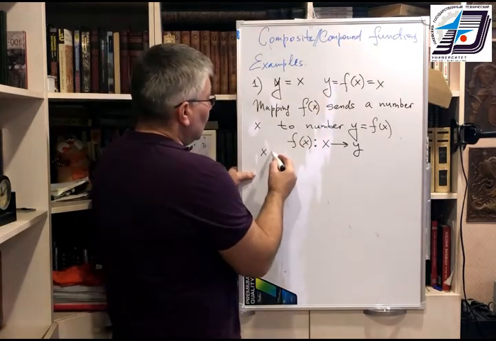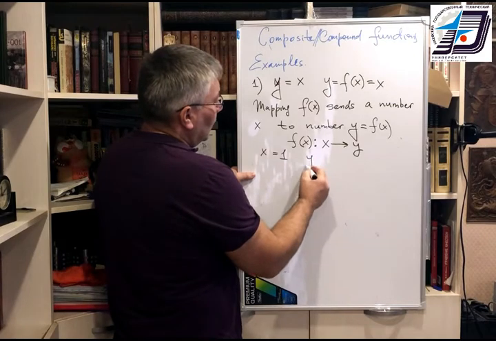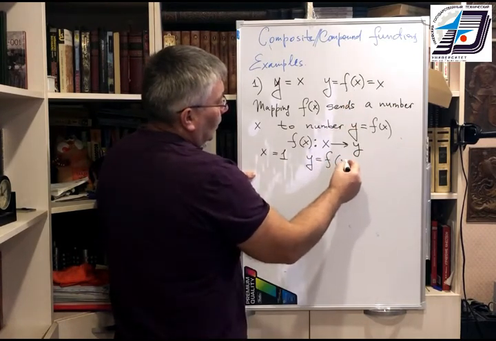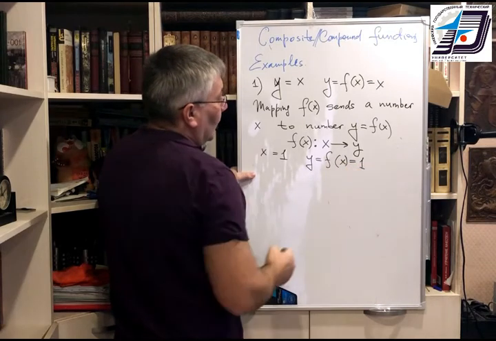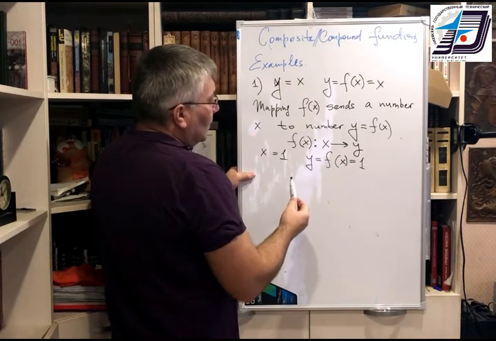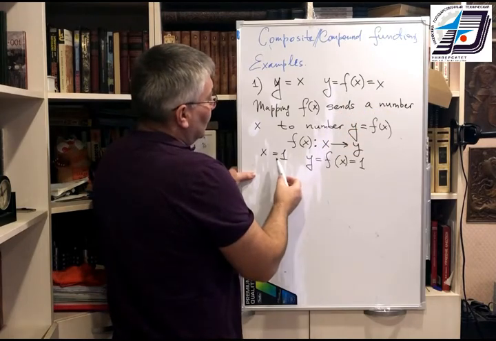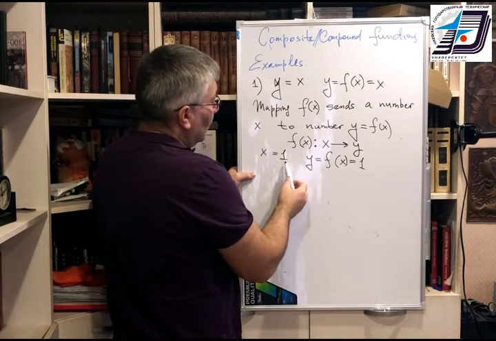For example, if x equal 1, y equal, according to this function or mapping, just 1. So it means that this function f of x equal x sends x number to the same number.